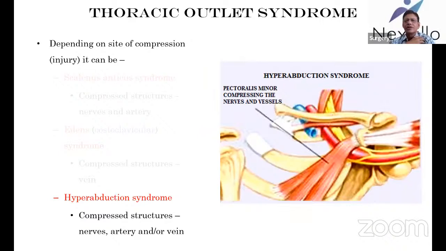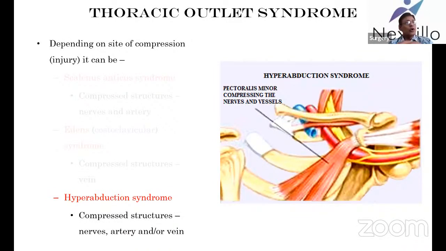Now, what happens here is that when we raise the upper limb like this, these vessels and the nerves kink out over here, and ultimately they are compressed. When we hyperabduct the upper limb, this leads to the compression of the nerve or the artery or the vein, and this is known as the hyperabduction syndrome. Got it? So three variants dependent upon the structures compressed, and three variants dependent upon where the compression took place.